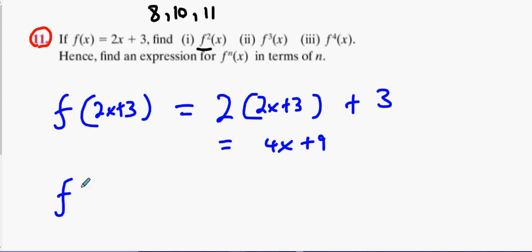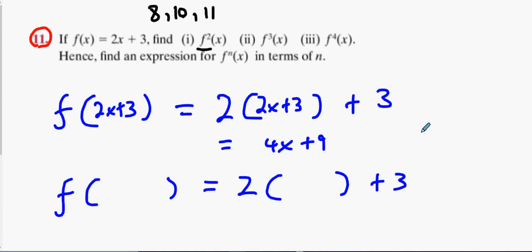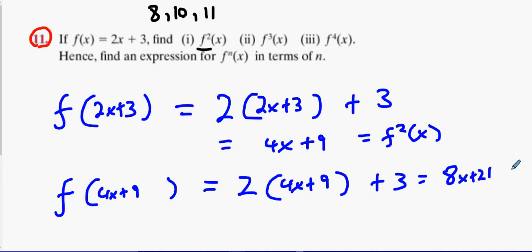So this time we're going to do it for 4x plus 9. So this one's equal to f2x. This one's going to be equal to 8x plus 18 plus 3. So 8x plus 21. And that equals f3x.